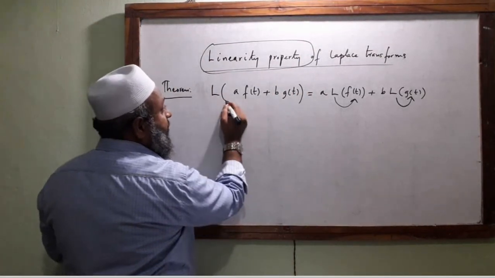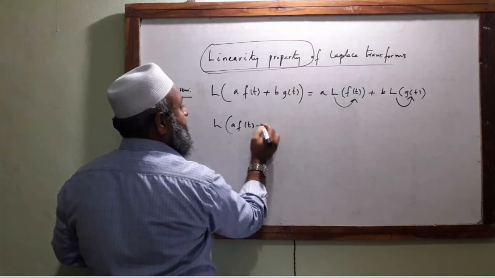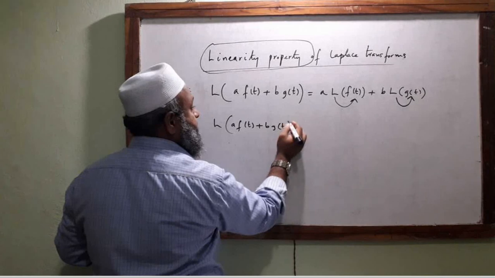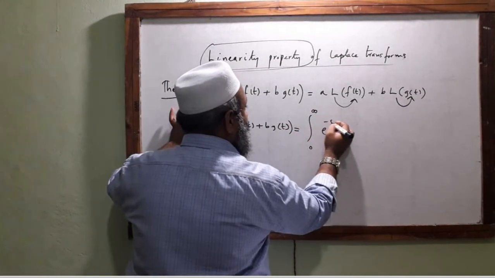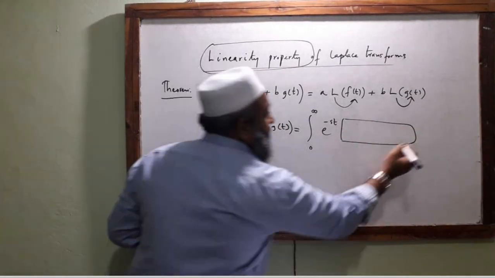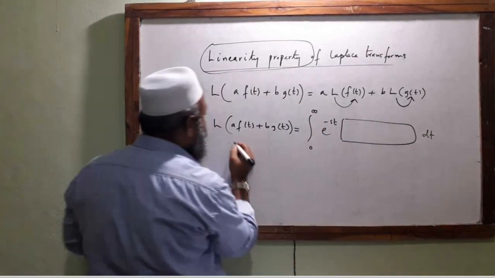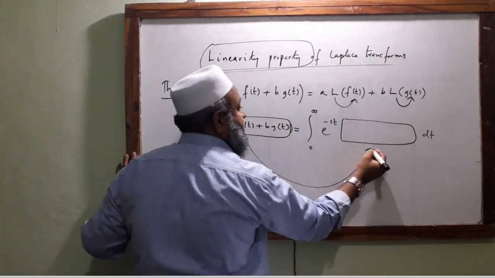Now L of a into f of t plus b into g of t is the integral from 0 to infinity of e to the power of minus st. That should be there fixed all the time. Whatever input function comes here, that same input function is transferred here.